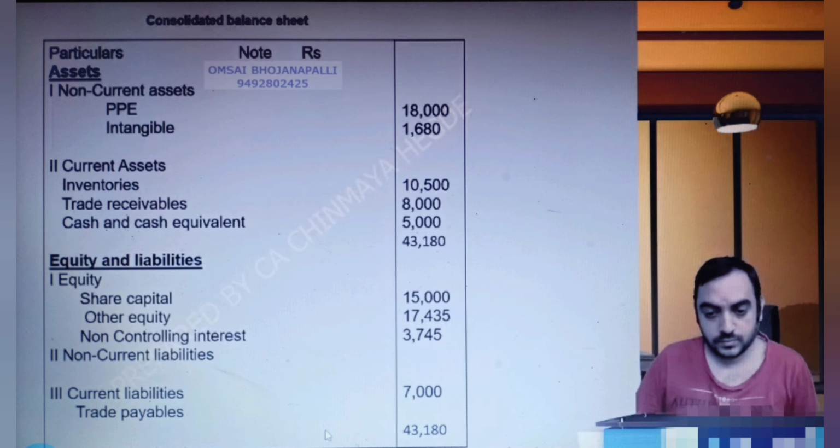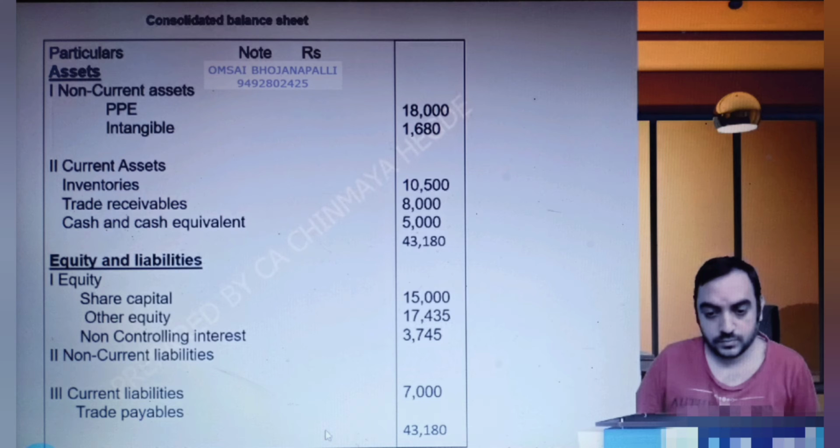Then after acquisition, subsequent post acquisition, you are going to do depreciation. Have a useful life of 4 years. So divide by 4, 1,500 divide by 4. But how many years are already over?